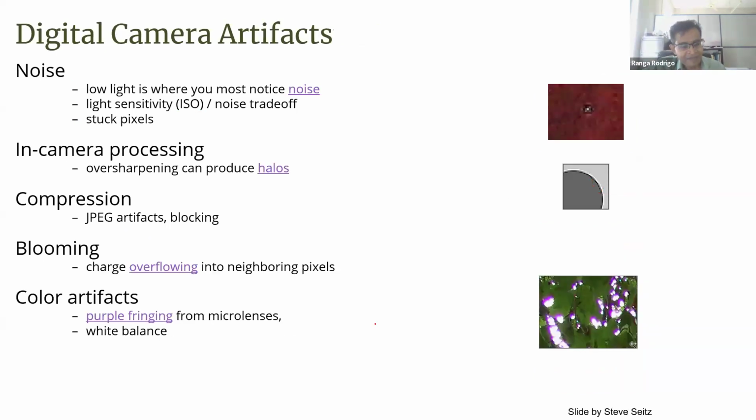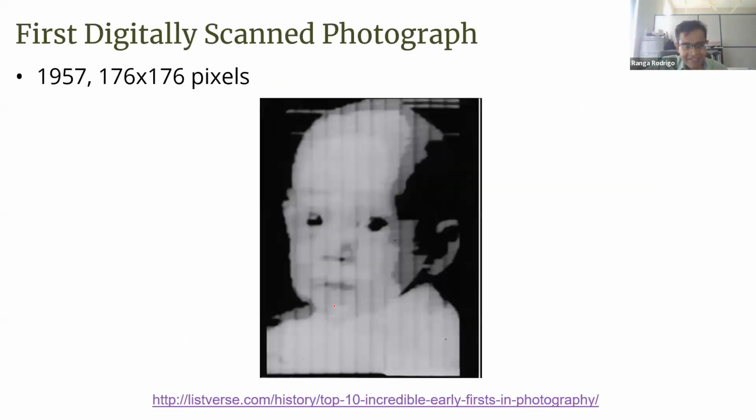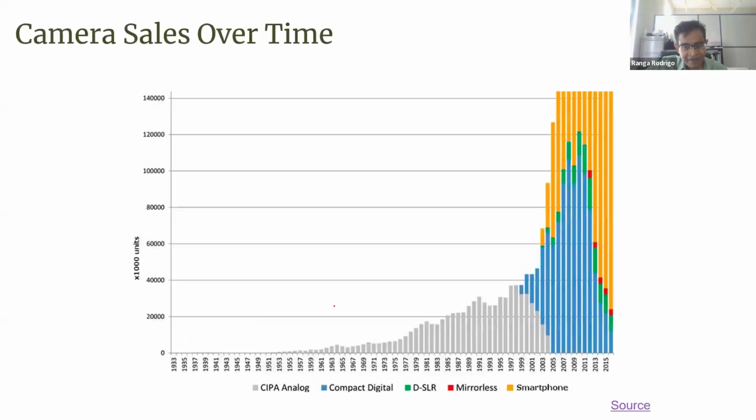Okay. So some history about cameras. People knew about these cameras in 470 BC, and then Kodak made the first fully digital camera in 1990, and so on. This is supposed to be the first digitally scanned photograph.